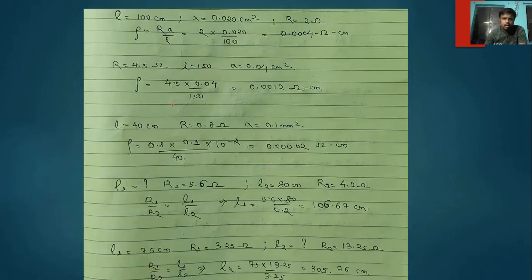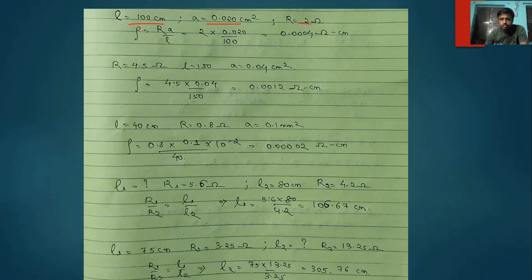We know the specific resistance is denoted by rho, equal to resistance into area by L. L is the length of the conductor, A is the area of the conductor, R is the resistance, rho is specific resistance. So by putting it, we get L is equal to 100 centimeter, A is equal to 0.020 centimeter square, R is equal to 2 ohm.